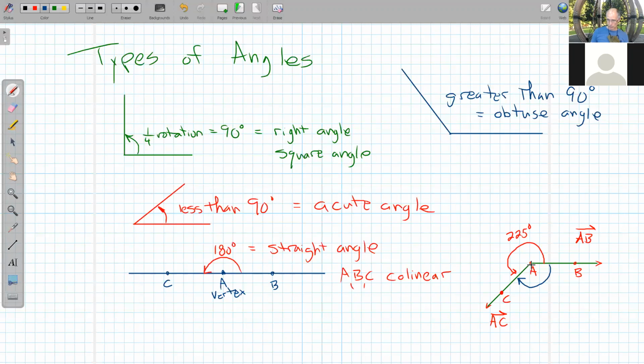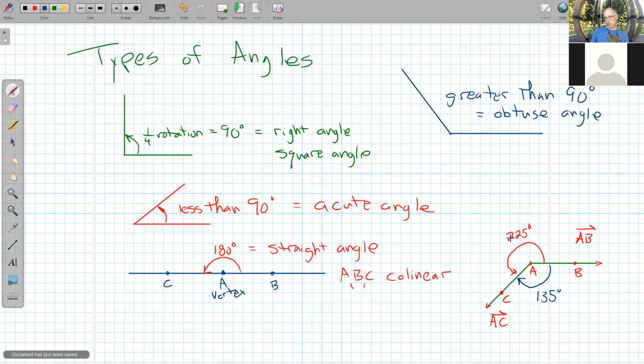So that would be 45 past 90 the other way, which is what, 135 degrees. And these two angles together make a full rotation. And so if I add them up, it should add up to 360 degrees there.